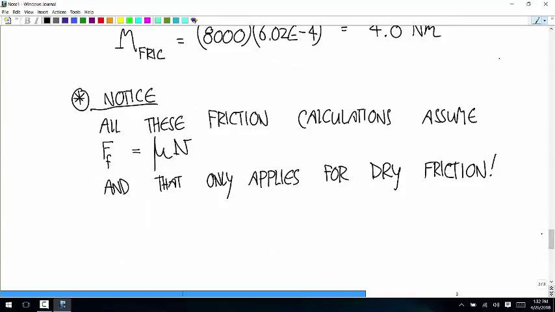You can't use this for any calculations where fluid dynamics behavior dominates what's happening. So this doesn't work for oil.